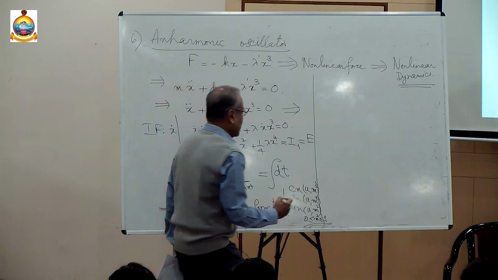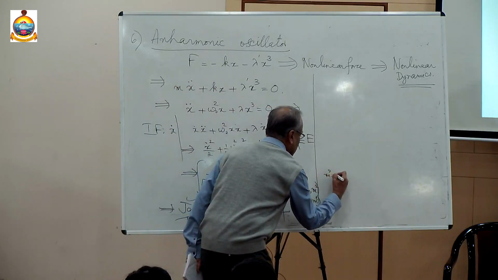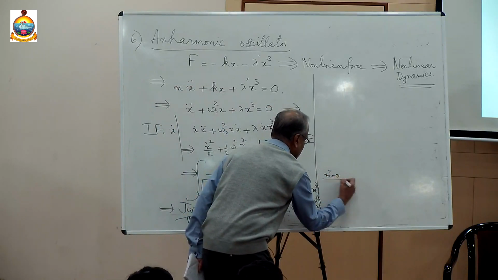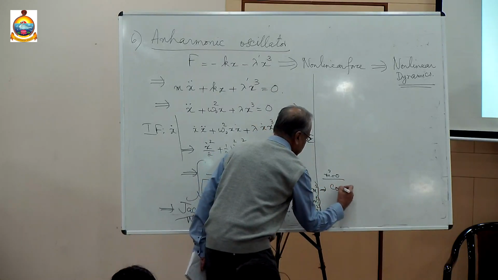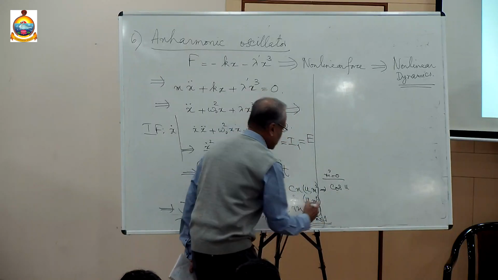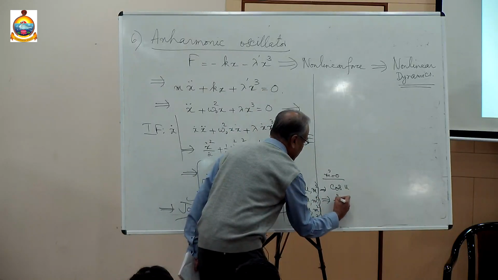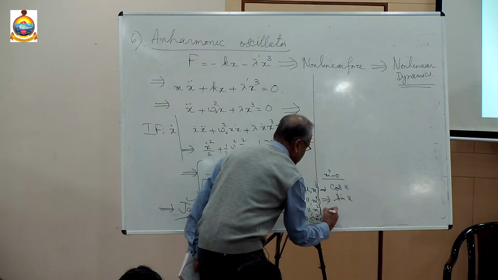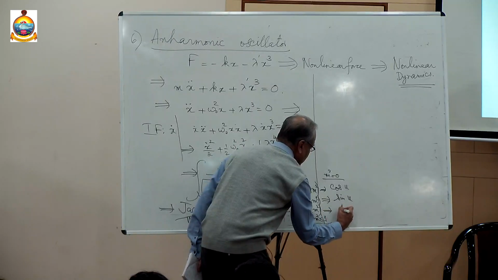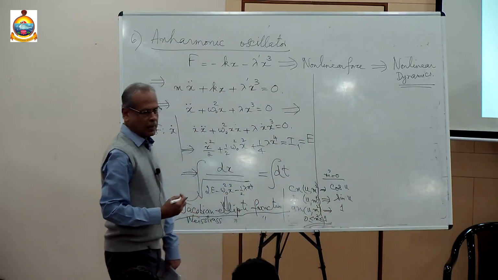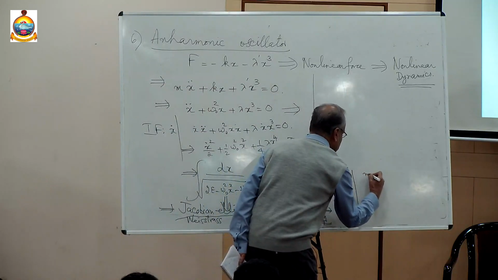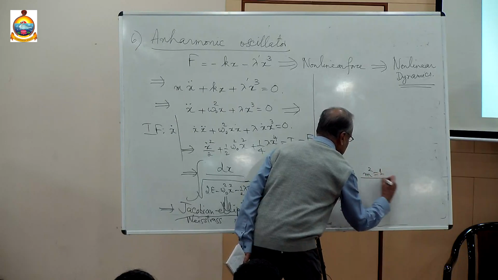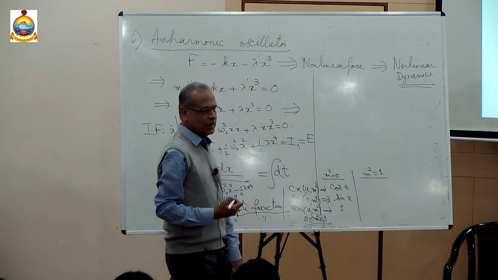Okay. When m square equal to 0, the Cn function becomes cos of u, the Sn function becomes sine of u, and the Dn function becomes 1. Okay. But when m square equal to 1, the other limit, interesting things happen.